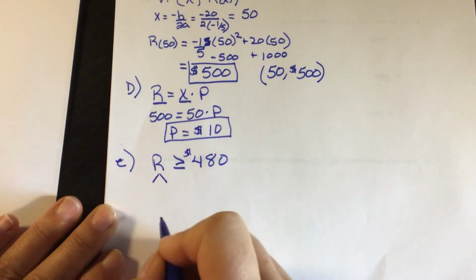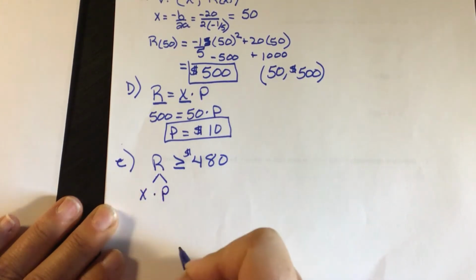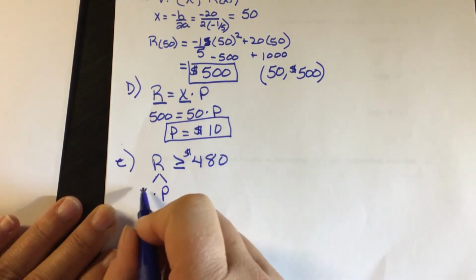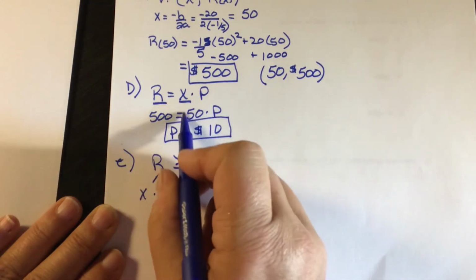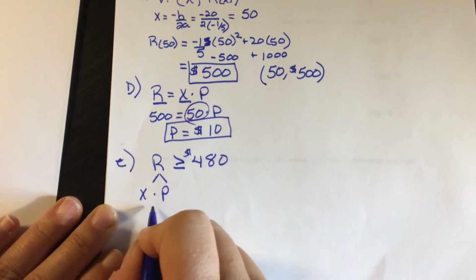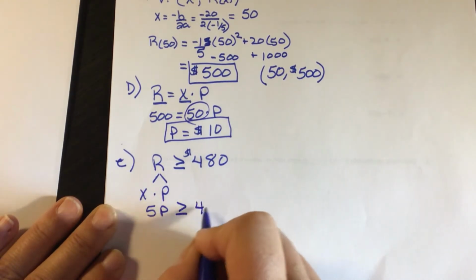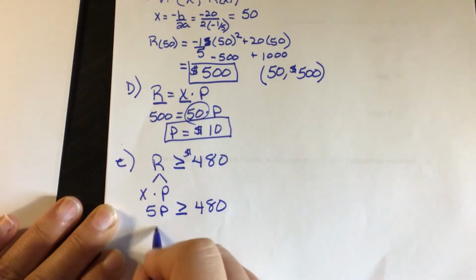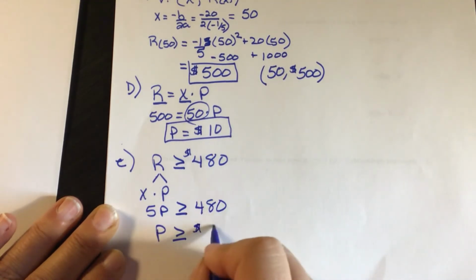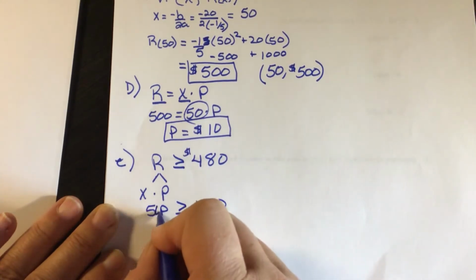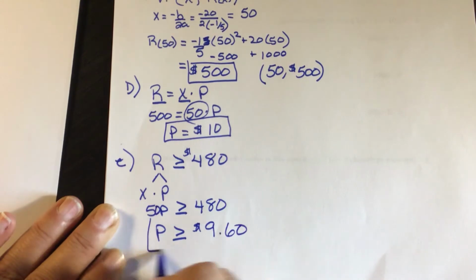Well, revenue is X times P, and we know that X, for the maximum number of items, we had 50. So this is 50P is greater than or equal to 480, and P has to be greater than or equal to 480 over 50, which is $9.60.